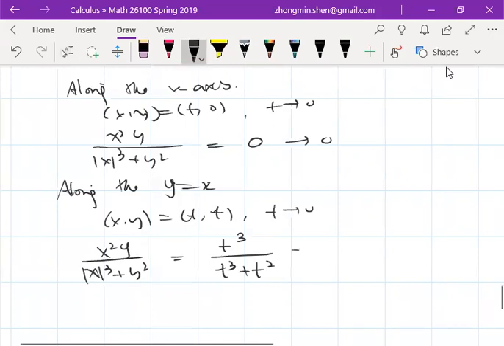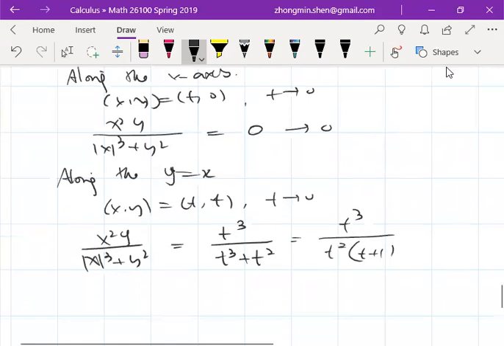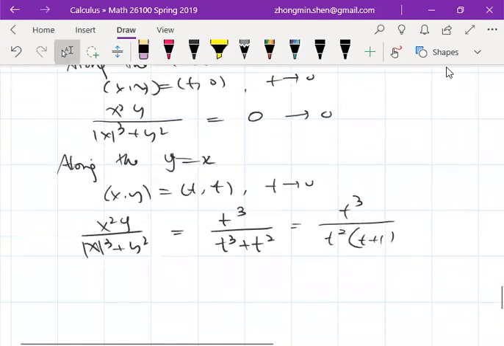So you get t squared, t plus 1, t cubed, right? So you know what happens. You will get t over t plus 1. It still goes to 0. Oops, right? Then how do we overcome this problem?